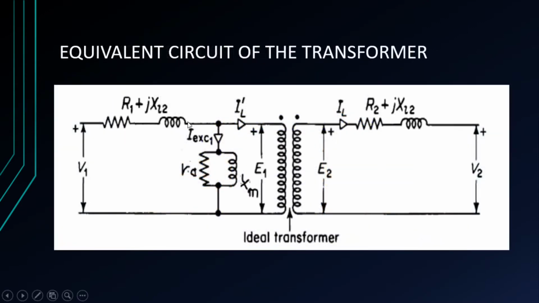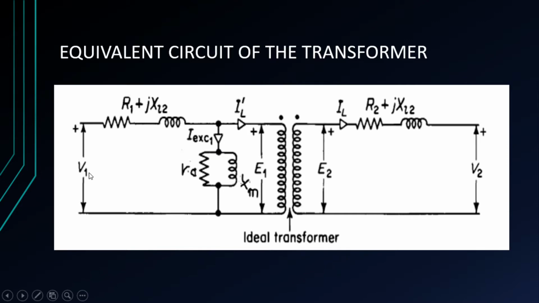Before that, here is the prior circuit discussed by the first reporter. So we have here the primary leakage impedance and the secondary leakage impedance.